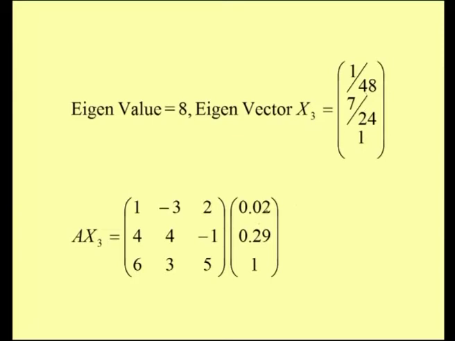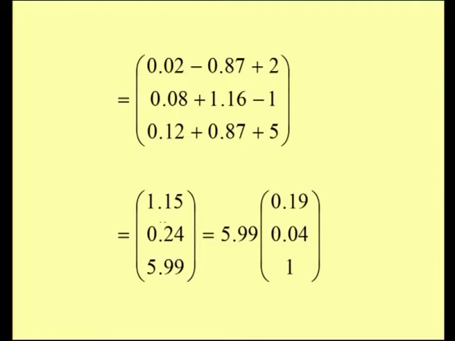This is now written in decimal places. Again we find A x3, which comes to be 1.15, 0.24 and 5.99.